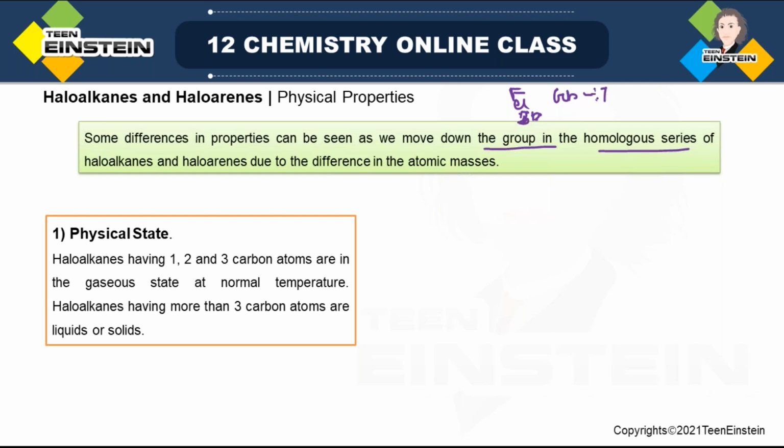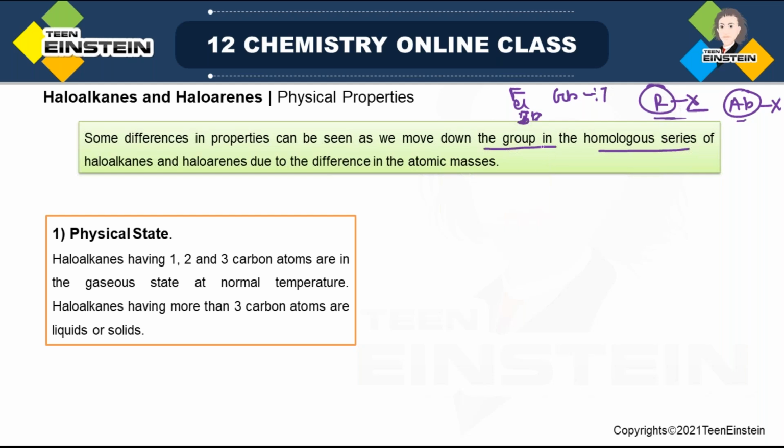So keeping the alkyl part the same, suppose you have RX haloalkane or ArX haloarene, keeping this R or Ar fixed and just changing the X, you are moving down the group, F, Cl, Br, in the homologous series, keeping this part constant.